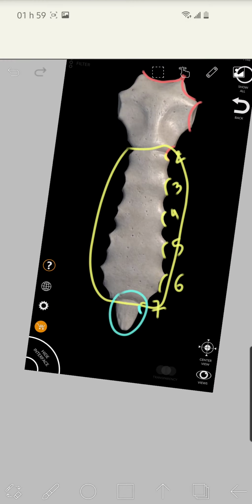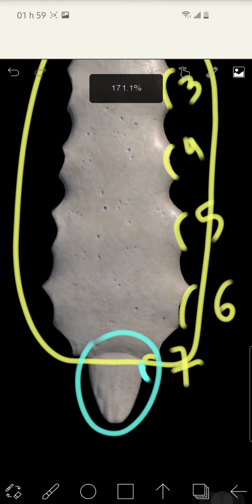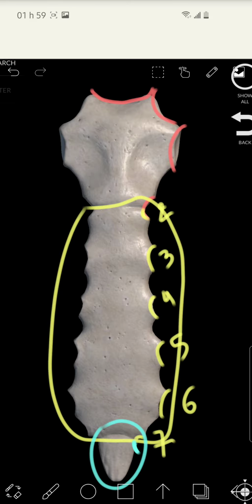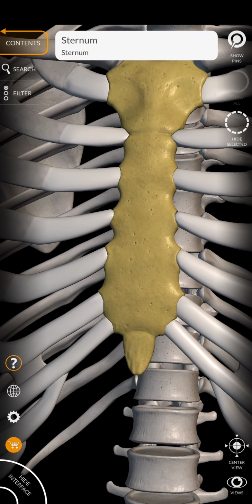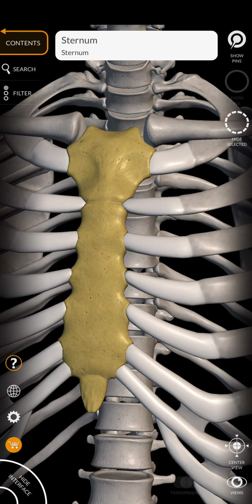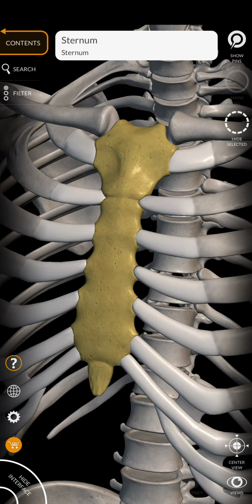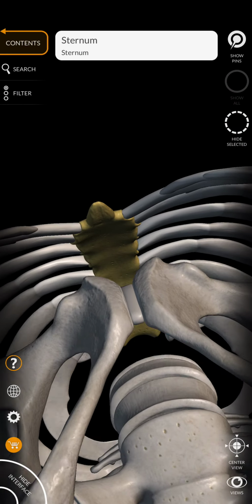So this is all that is important about this little thing here. I think I went over everything about the sternum. The sternum comes right before the heart, so it really protects the heart along with the costal cartilages. And it's a very cute little bone.